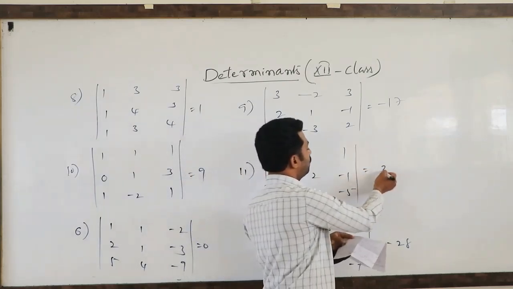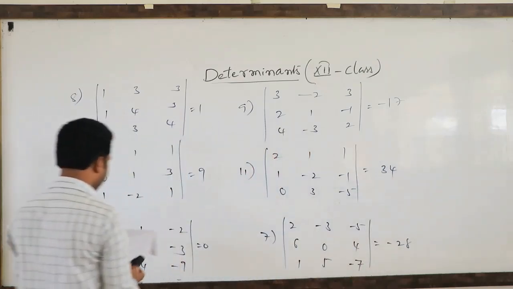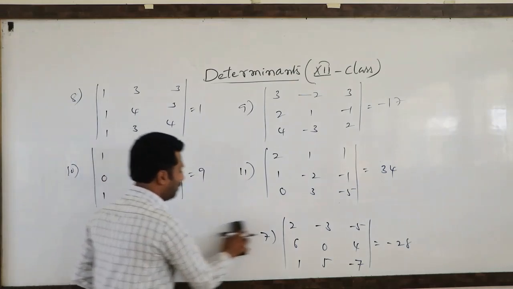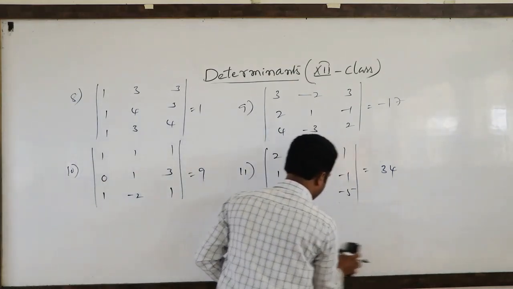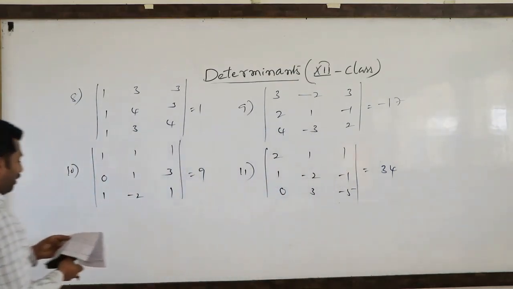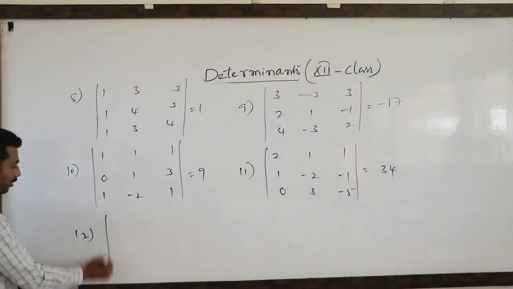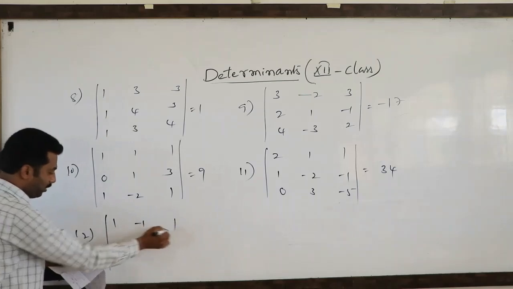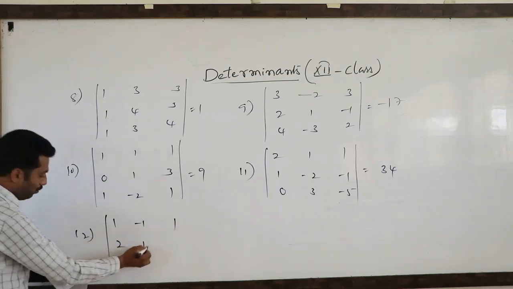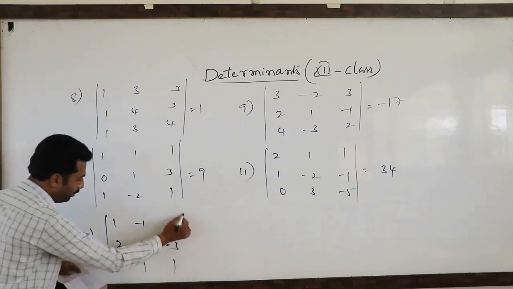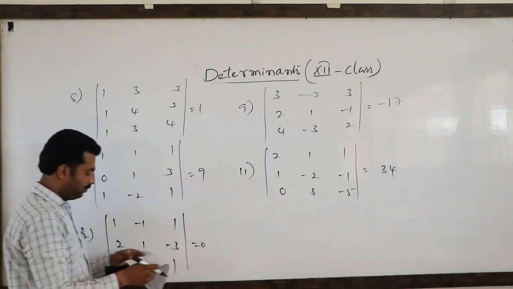So this is 34. Next, number 12, determinant of 1 minus 1 1, 2 1 minus 3, 1 1 1, equal to 0.